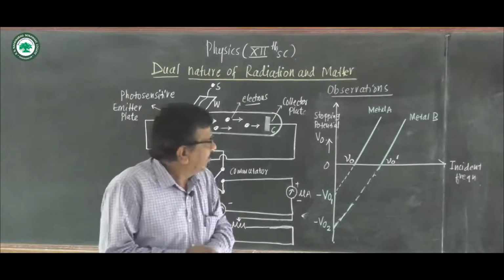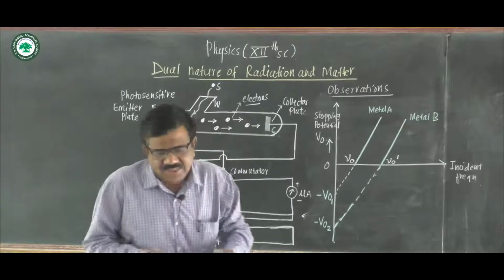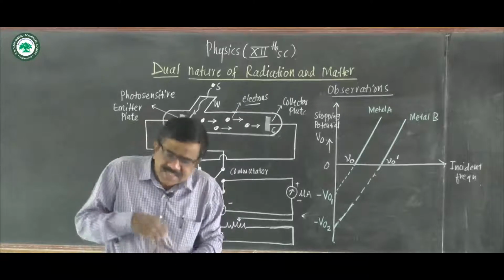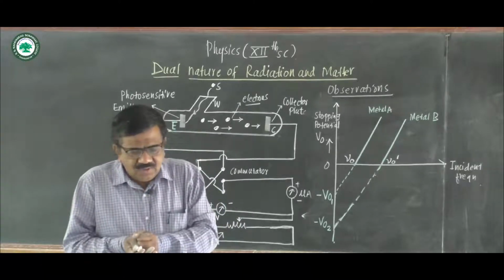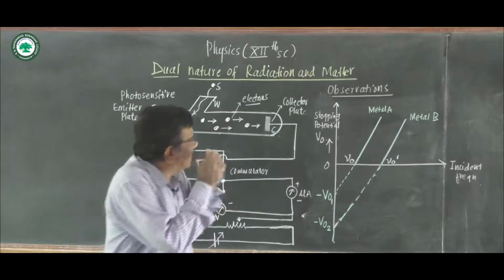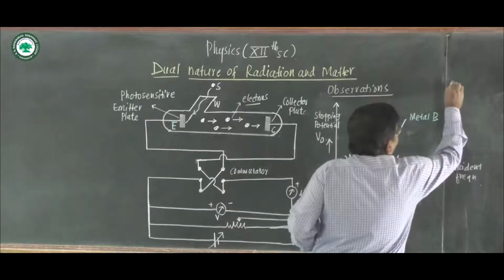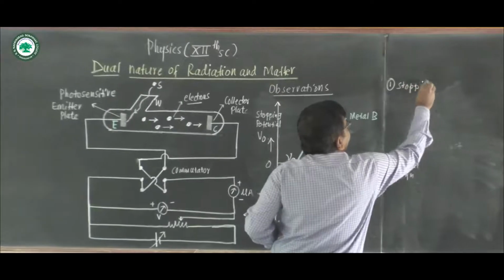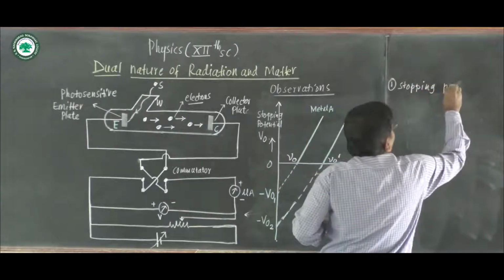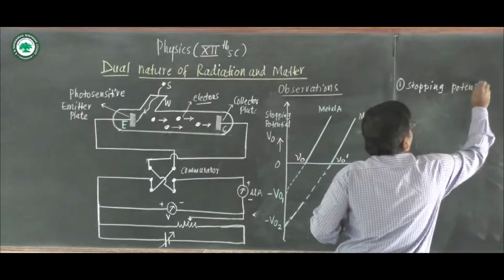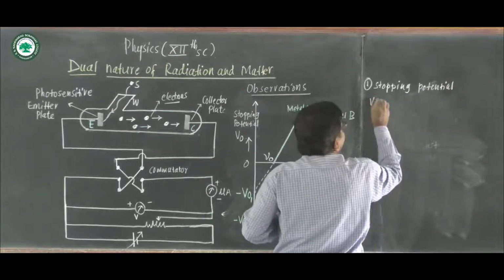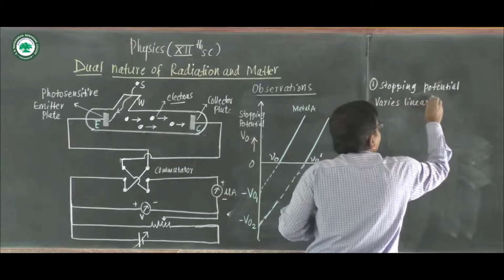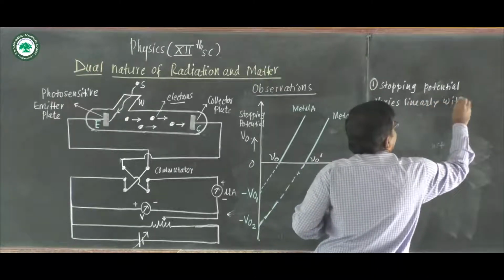From this graph we draw some conclusions. Conclusion first: stopping potential varies linearly with the frequency of incident radiation.